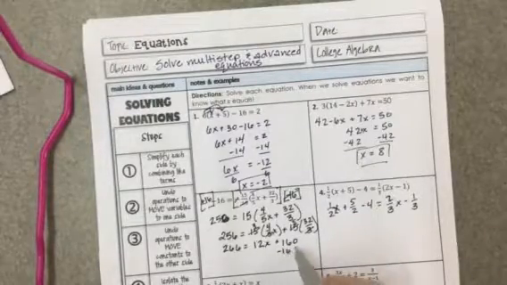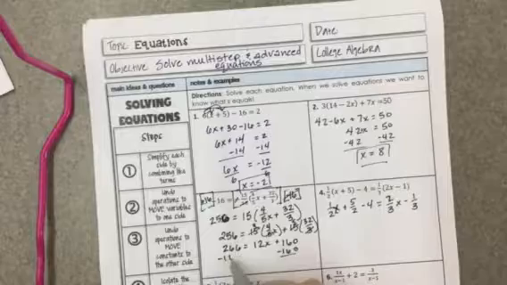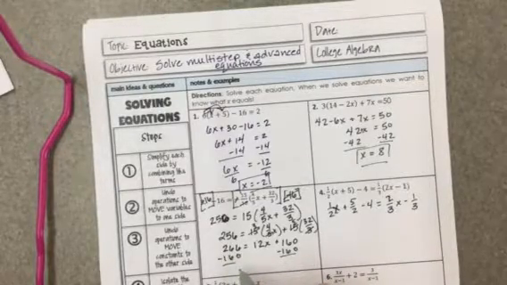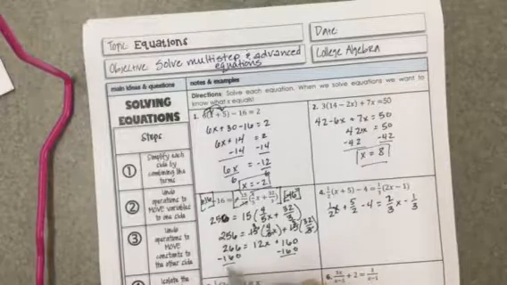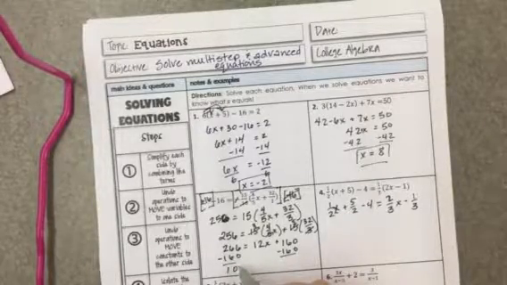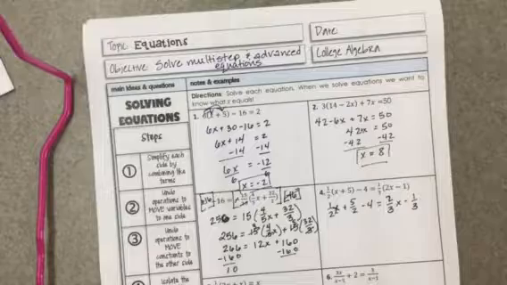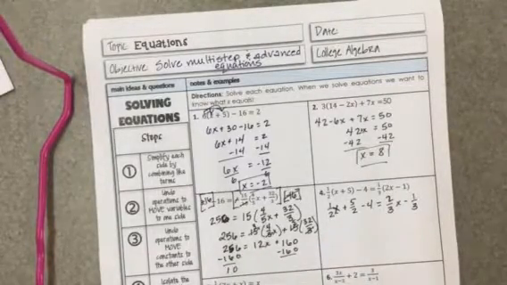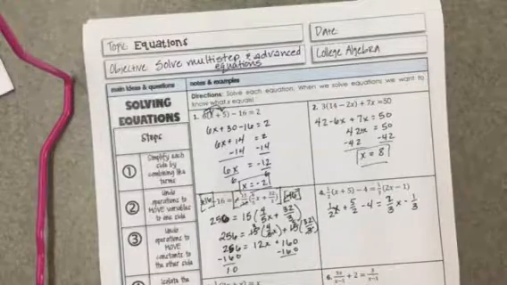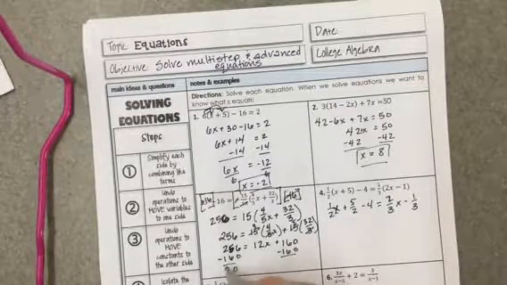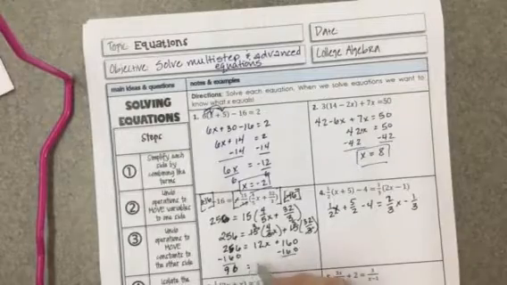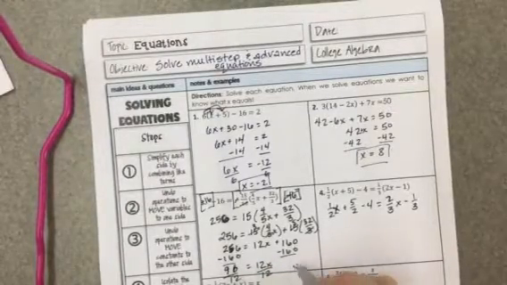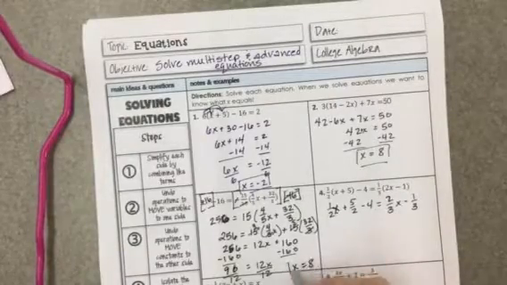I'm going to subtract 160 from both sides. 256 minus 160 is 96, is equal to 12x. Divide both sides by 12, and I get x is equal to 8.